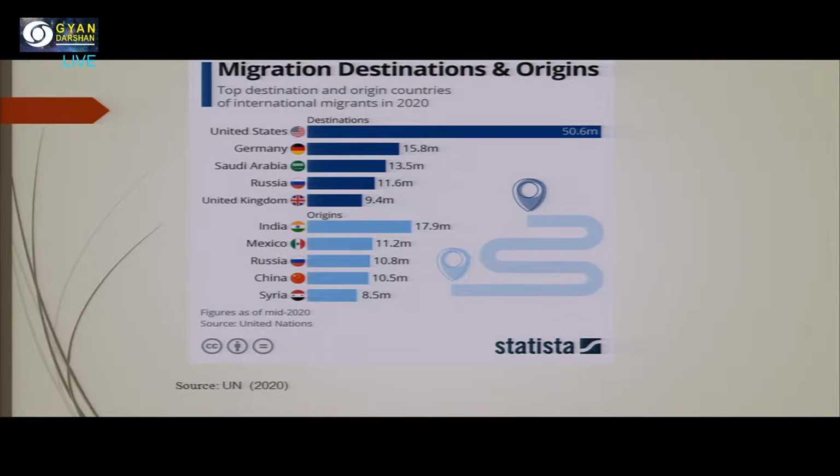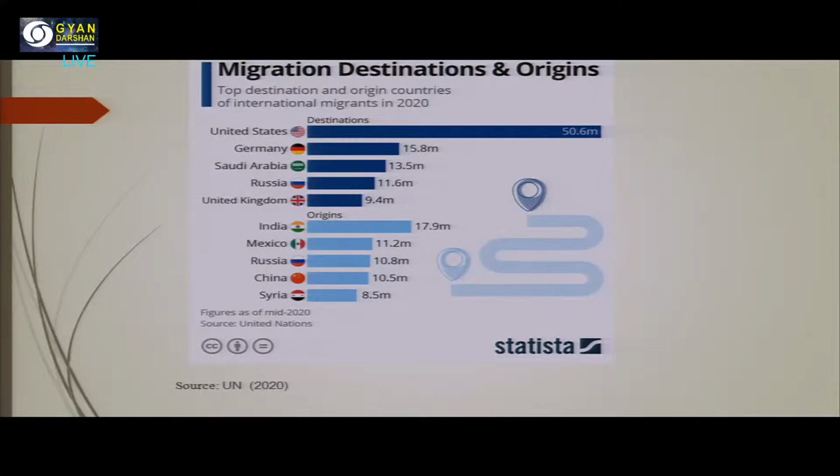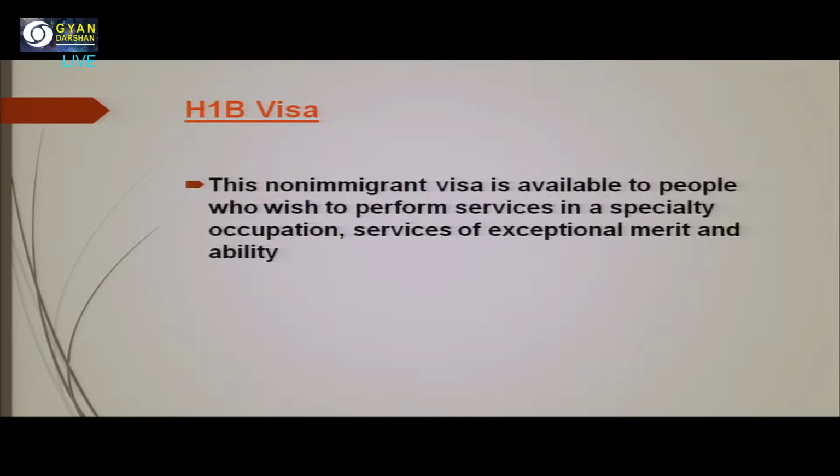And who are the sending countries? India, Mexico, Russia, China. Some countries both send and receive, like Russia, Italy, and many others. But the destination countries are selecting the best brains across the globe, and they are investing in R&D.